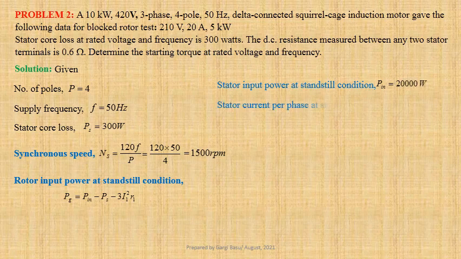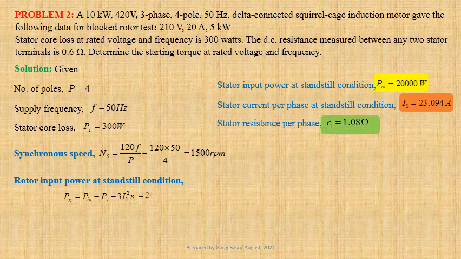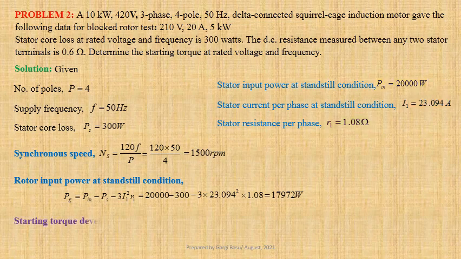Stator current per phase at standstill condition I1 equals 23.094 ampere, and stator resistance per phase R1 equals 1.08 ohm. Using values we get Pg equals 20,000 minus 300 minus 3 into 23.094 square into 1.08, that gives us 17,972 watts.